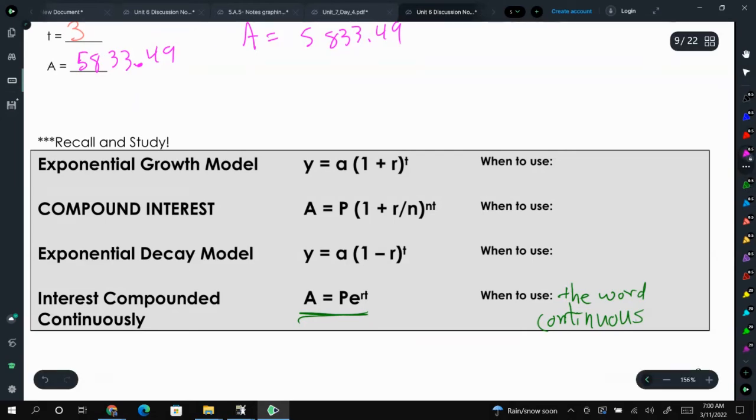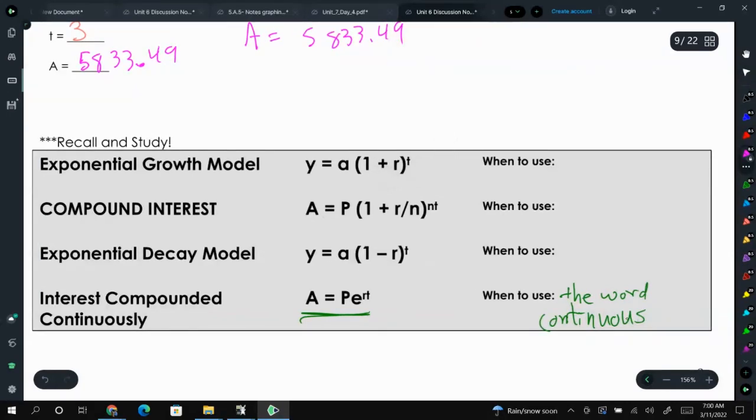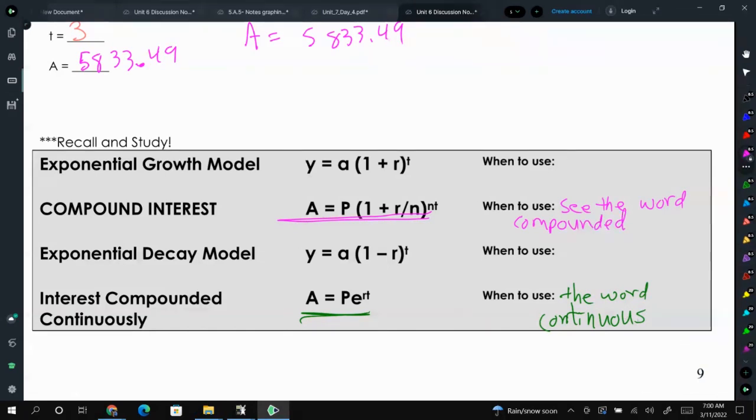If we're just compounding interest, you use this formula. So when you see the word compounded, but not continuous. The way I look at it is I check to see, does it say compounded continuously first? If it does, I know I'd use this formula. If it says compounded any other time frame, I know I use this pink formula up here.